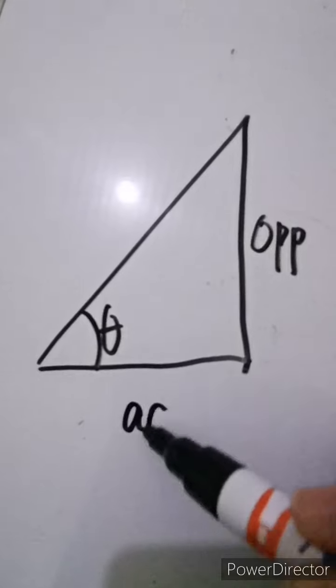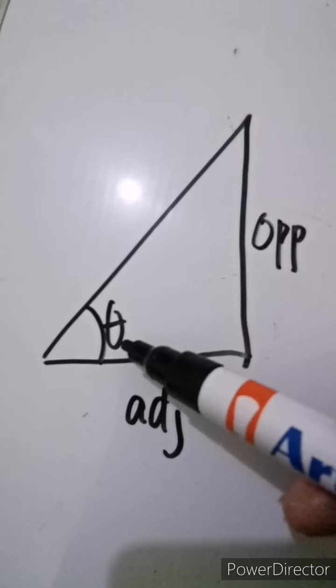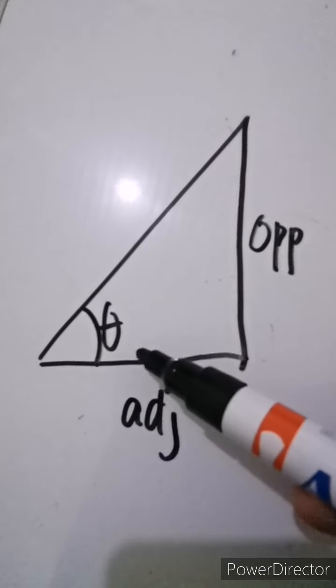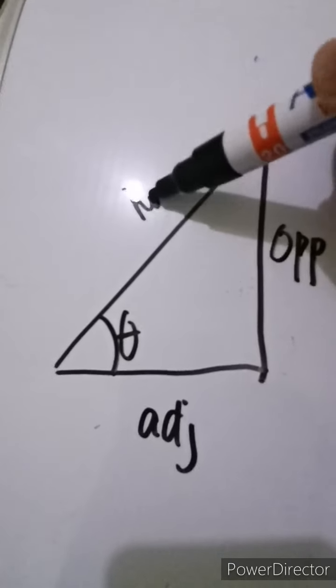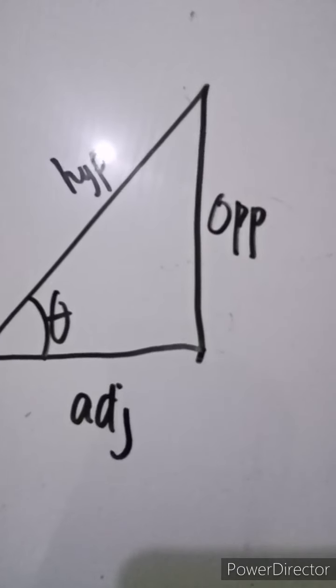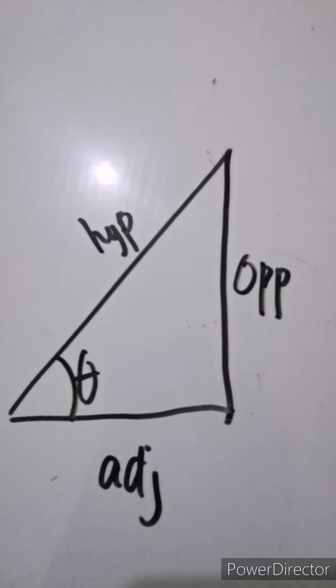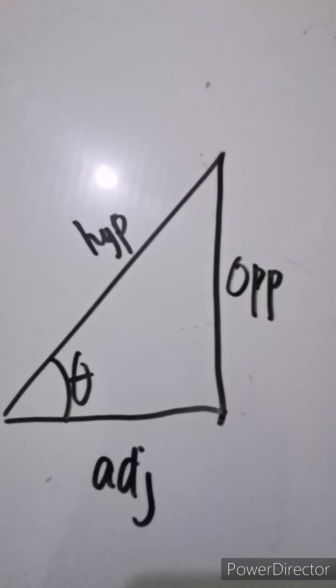This will be our adjacent. Pag sinabing adjacent, this is near or beside the angle. And then we have the hypotenuse. Hypotenuse is the longest side of a right triangle.